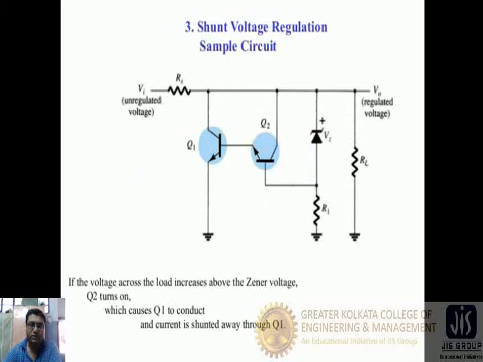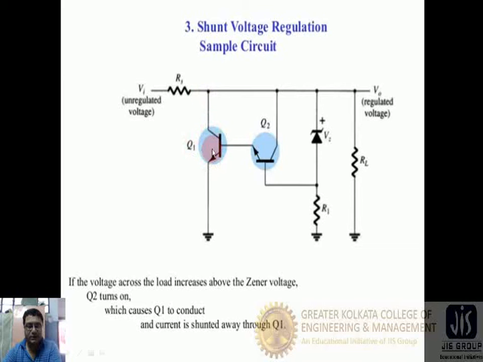Shunt voltage regulator sampling circuit is a circuit diagram where it uses two BJTs. If the voltage across the load increases above the Zener voltage, the Q2 is on, which causes Q1 to conduct, and the current is shunted away through Q1. So it is, we can say, a bypass type path.